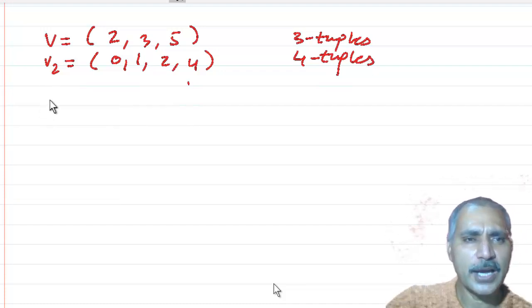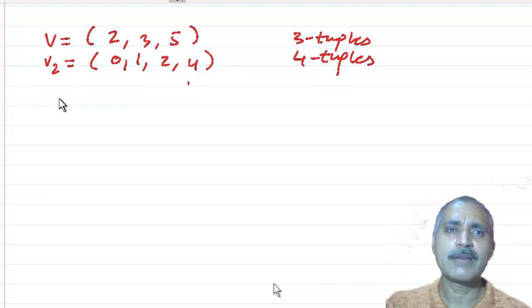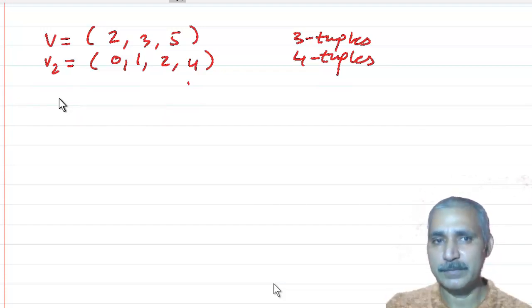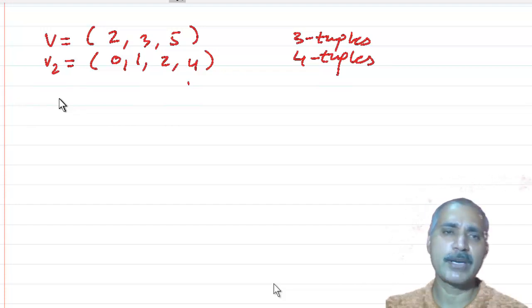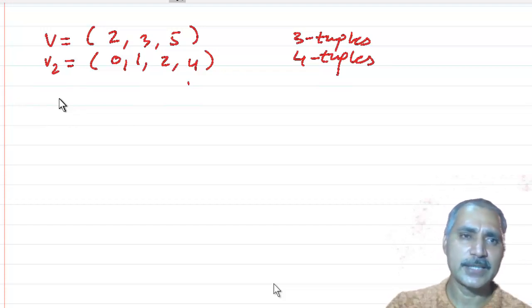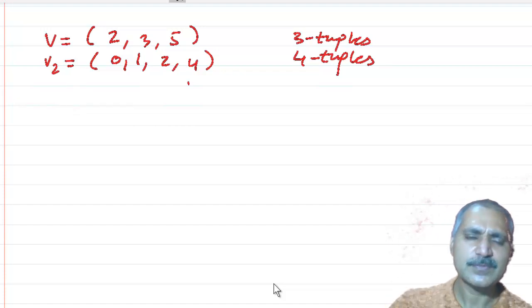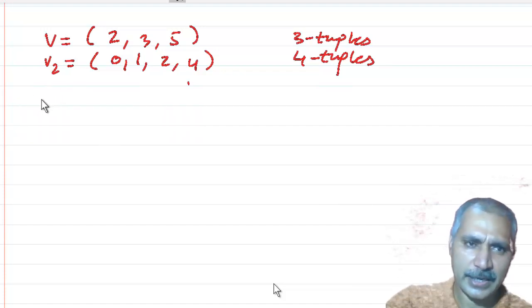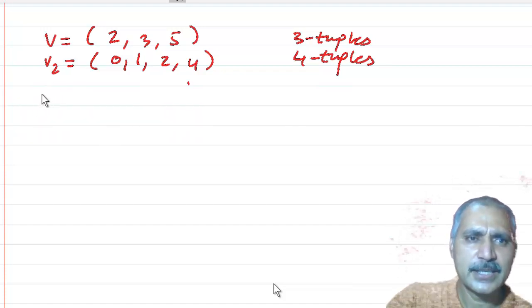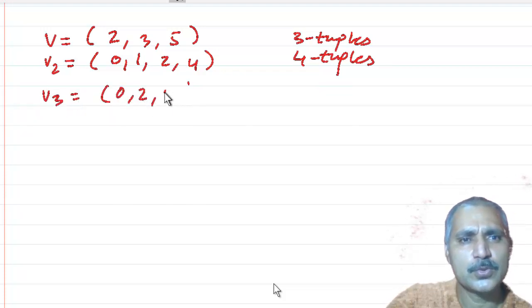When it comes to adding or subtracting 2 vectors, we need both vectors to be of the same tuple. That means the number of elements in the first vector needs to be the same as the number of elements in the second vector. That is the main criterion for doing addition and subtraction of 2 vectors. Let us have an example. Take the vector v3, that is 0, 2, 4 and 6.